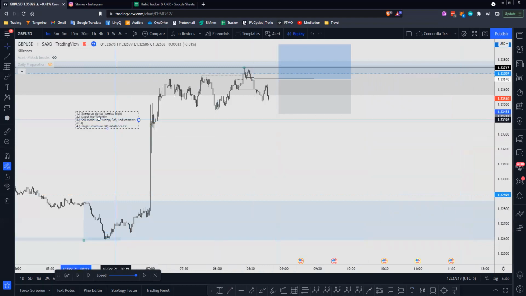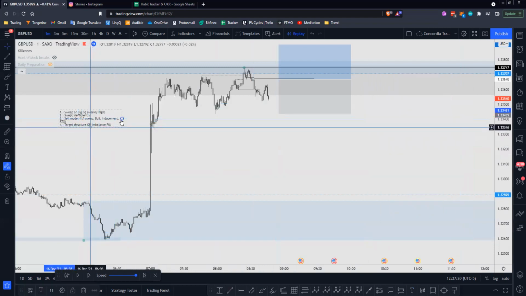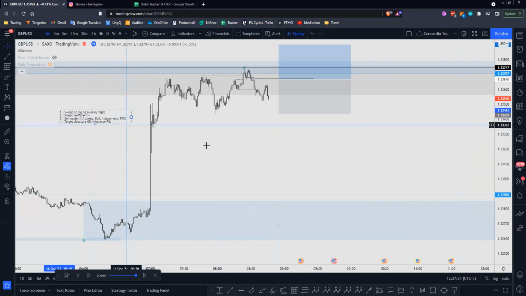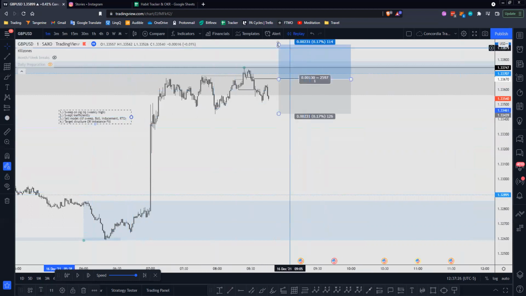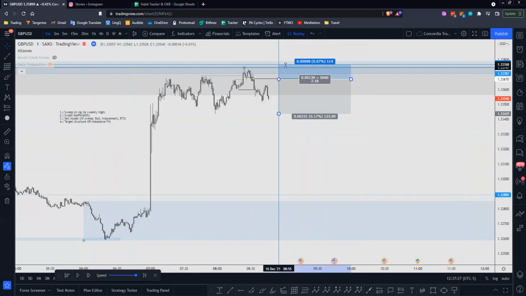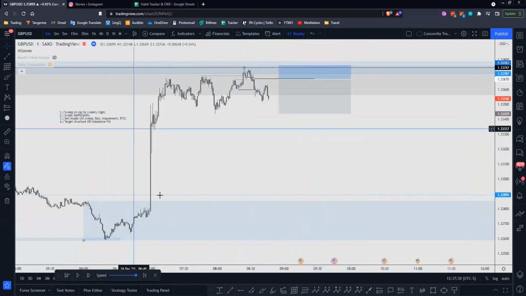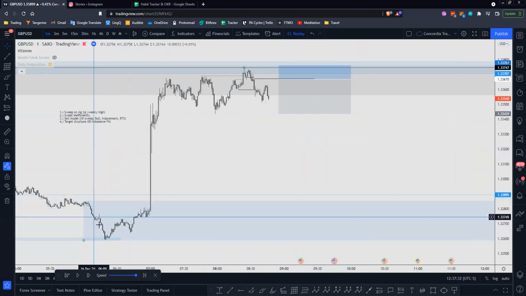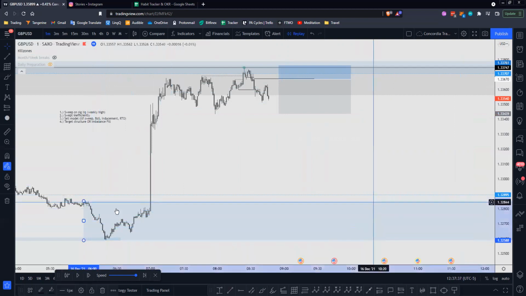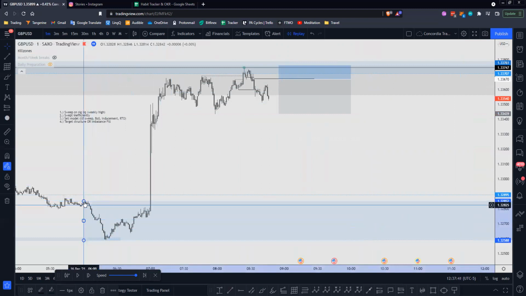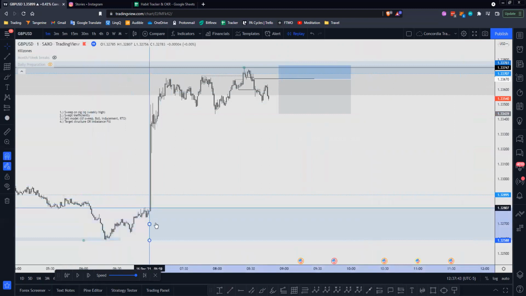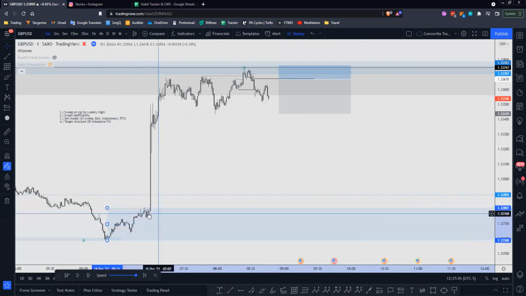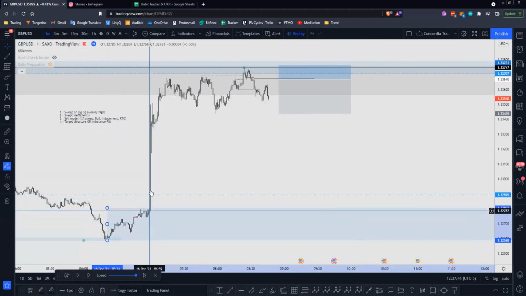And that's it. So this is a model in itself, right? And this is one that I was using for a very long time, just this, until I added some other things to my arsenal. But you can see here that the imbalance fill, this last down candle here could very well hold, right? Because it's a higher time frame level. But what I would do is I would be looking at this one as well. Okay, just this little zone here, because this is where this inefficient move originated from.